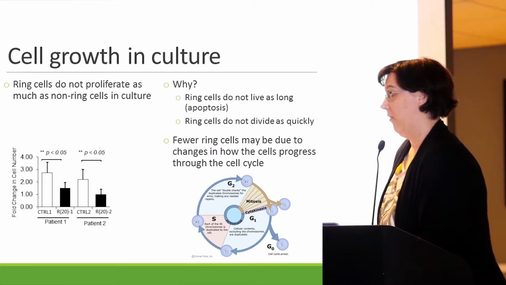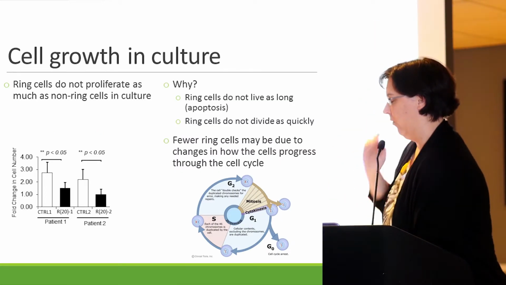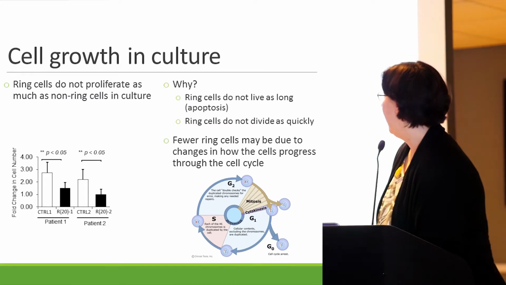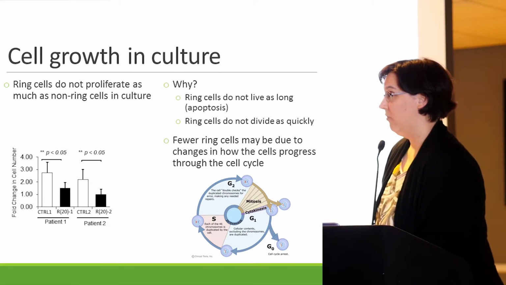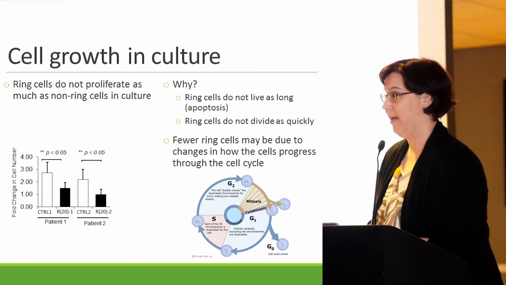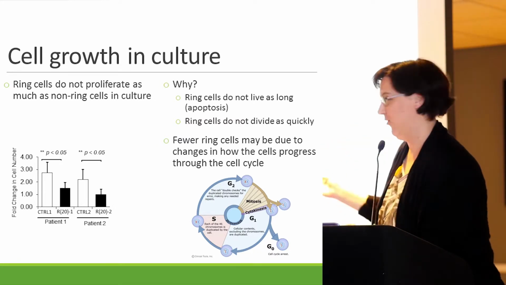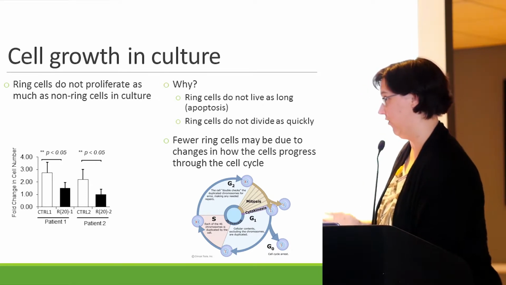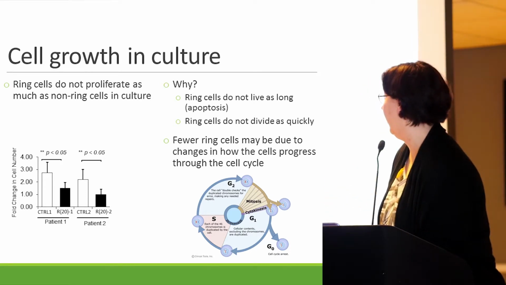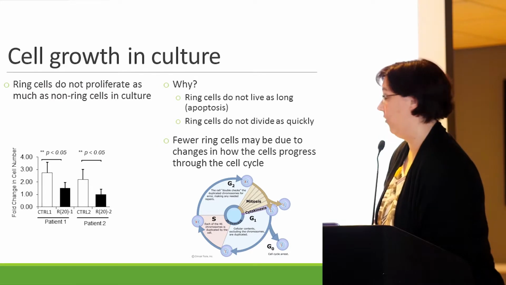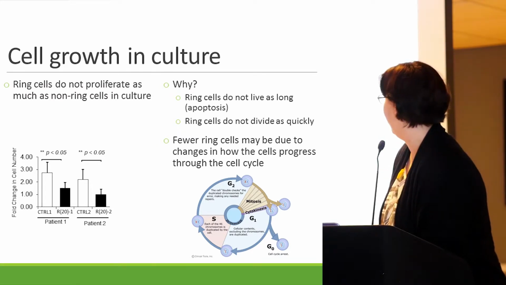As we saw before with growing the Mosaic cells, the cells with the rings just don't grow as much as the cells without the rings. And here, with statistics, it was shown in 2 patients we were able to do this with, it was very consistent. So ring cells are just not growing as much.